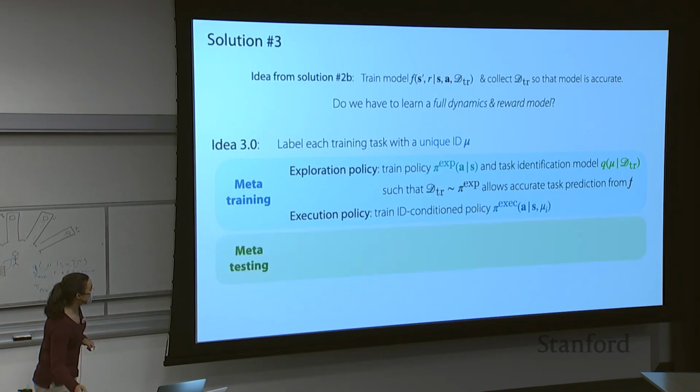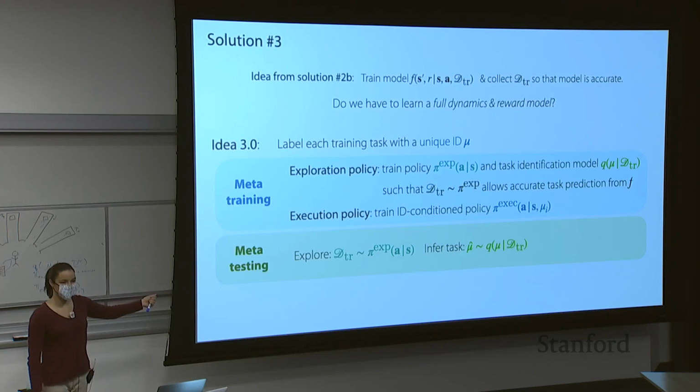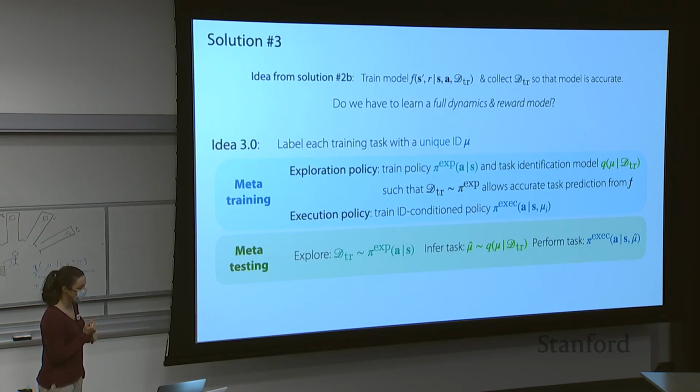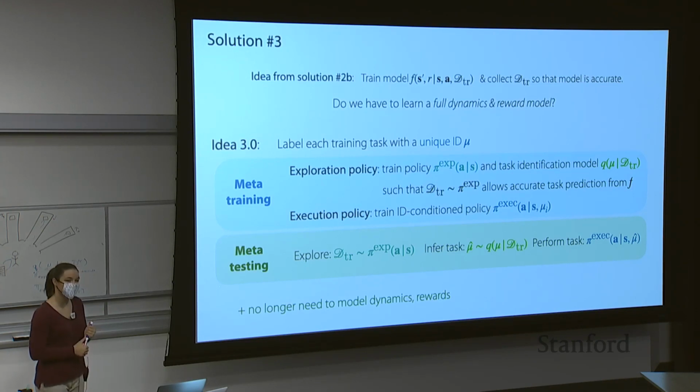Then at meta test time, you can explore by collecting data from your exploration policy, then infer what you think the task ID is, and then condition your execution policy on this task identifier. One of the things that's really nice about this is that you no longer have to model the dynamics and the rewards, and it should encourage the policy to find things that are different about different environments.